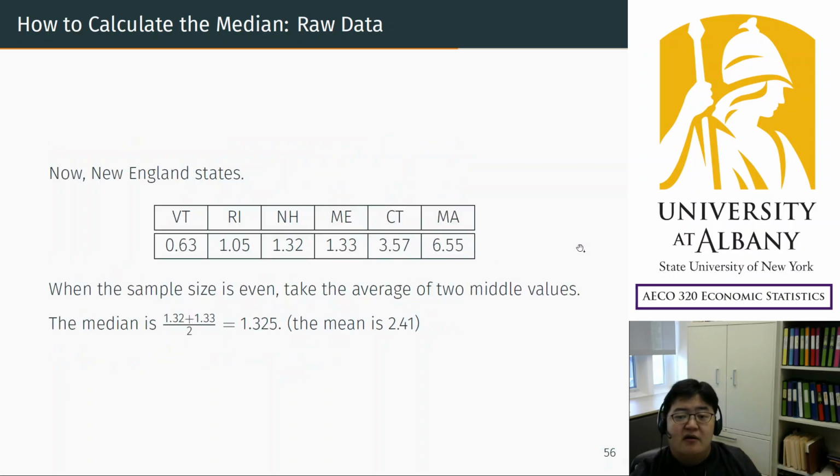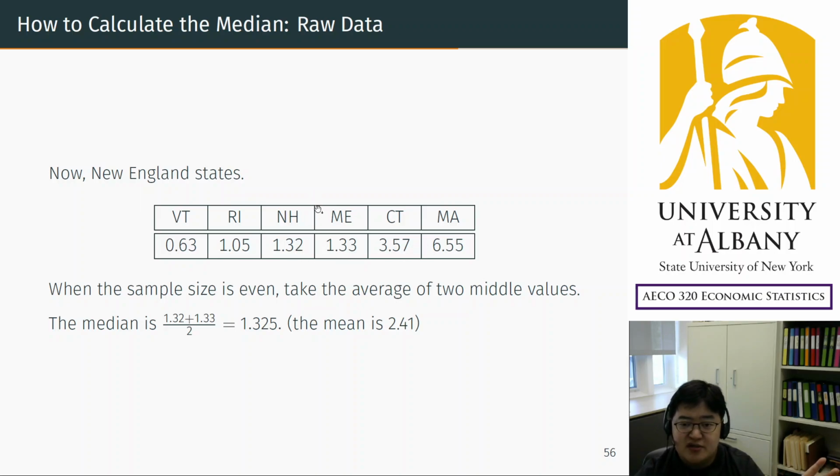Now suppose that there is an even number of observations. Suppose we are interested in the median of New England states. There are 6 states, and you have to cut them into 3 and 3. But then there is nothing in the middle. I have already arranged the observations in increasing order.